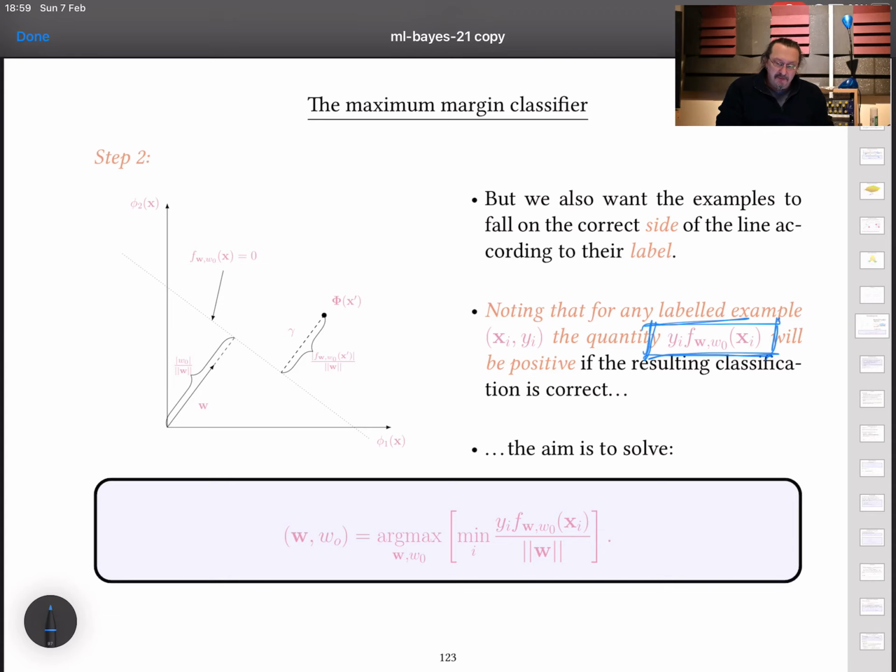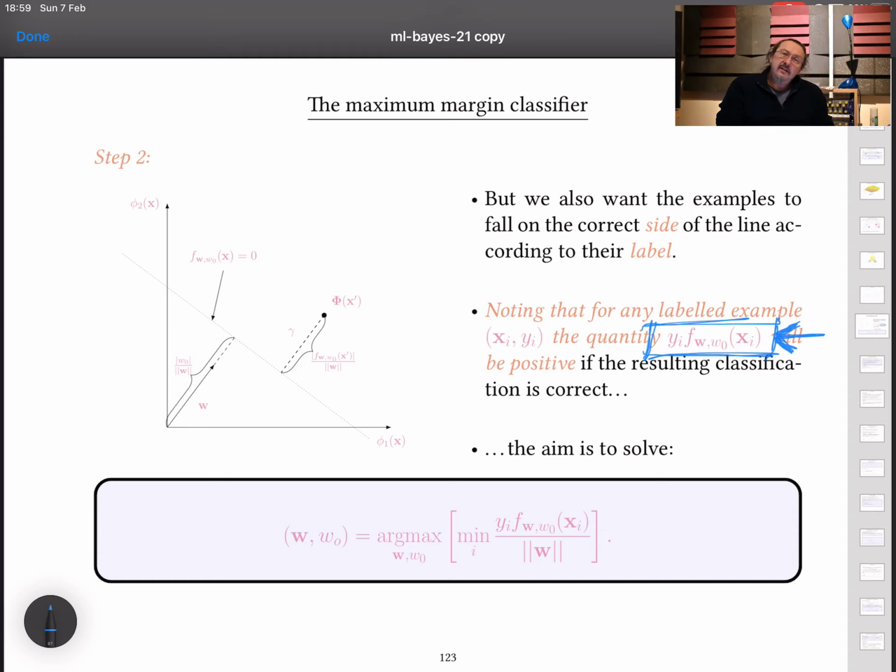Similarly, if f classifies the ith training vector incorrectly, in that it gives a positive output when y_i is minus 1, or it gives a negative output when y_i is plus 1, then the product will be negative. So this quantity would be positive precisely when f is predicting the ith training example correctly.